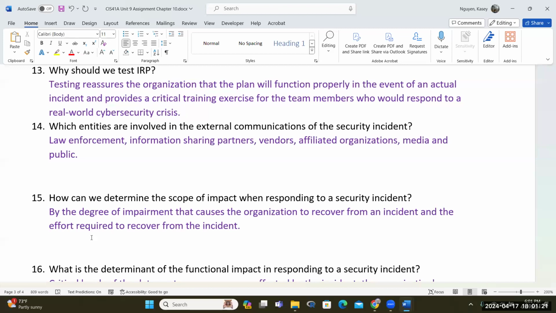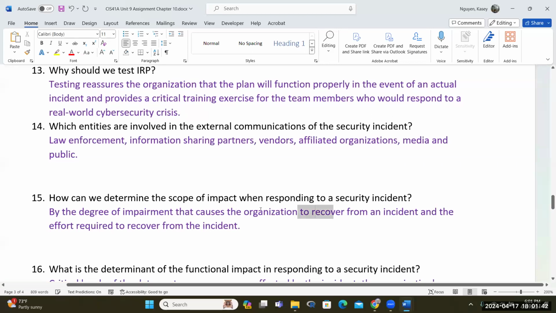A lot of the things were wiped out. Even the casino machines were down, like they were not working. Okay? That's severity and impairment. But then you might have some incident that would only be a fraction of that. So you would look at the degree of impairment that caused the organization to recover from an incident.